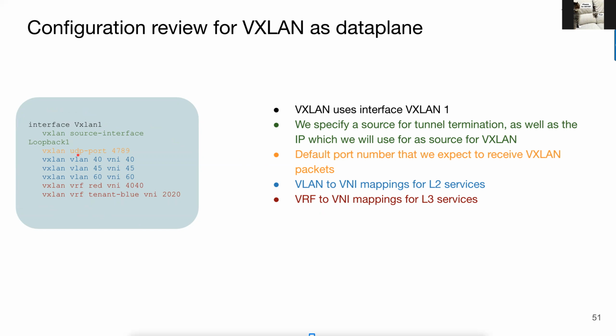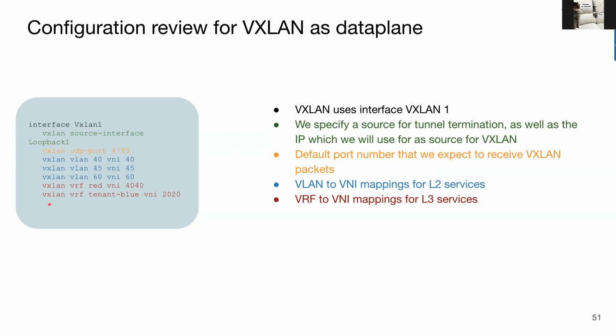As always, our UDP destination port is 4789. And then we'll have our L2VNIs mapped here, and our L3VNIs mapped here. So remember when we were talking about the L2VNI and the L3VNI, this is what we were talking about.